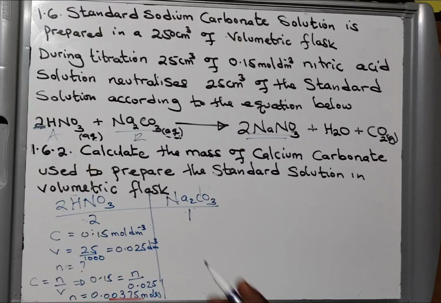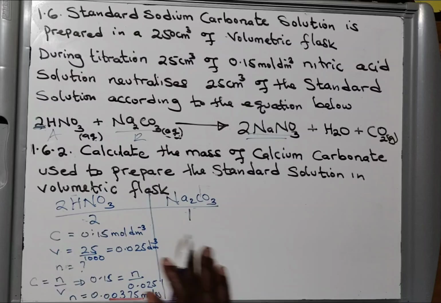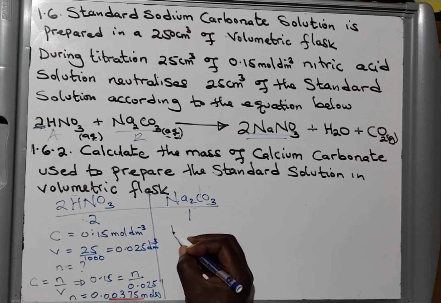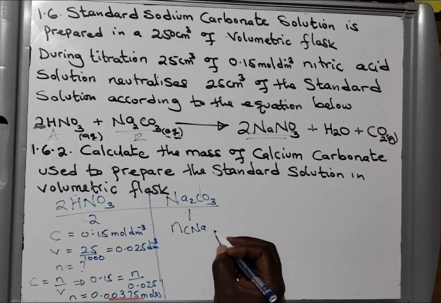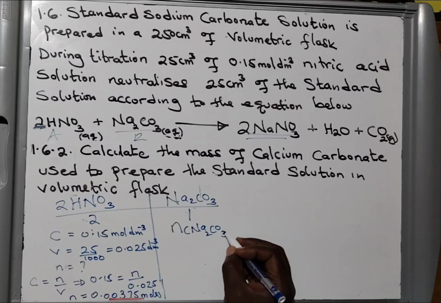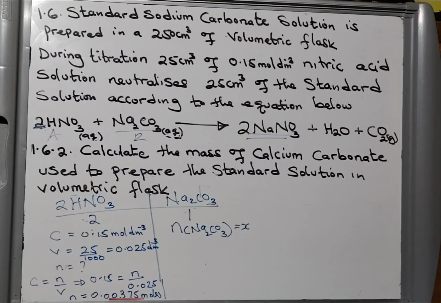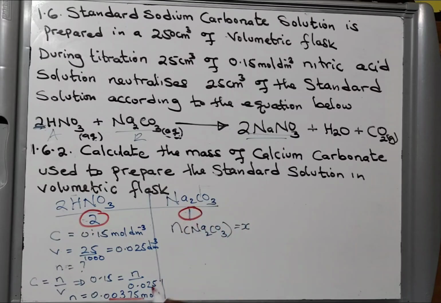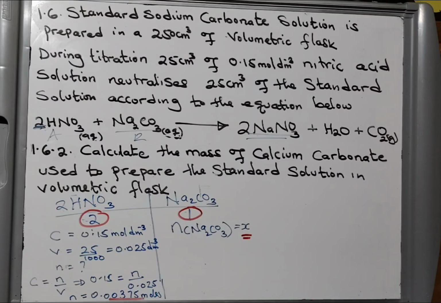Now you have to go to this side. What do we know on this side? We just know that the ratio is 2 to 1. And what are you going to calculate on this side? We are going to calculate the number of moles of sodium carbonate that reacted. We can call it x. You have to remember that these are directly proportional ratios. Having this one and this one and this one can give us x through cross multiplying.